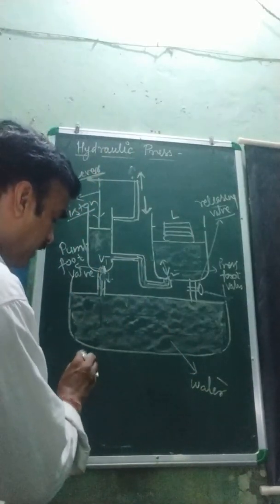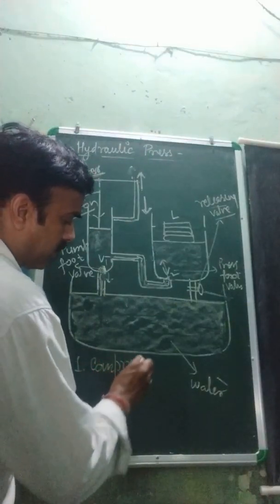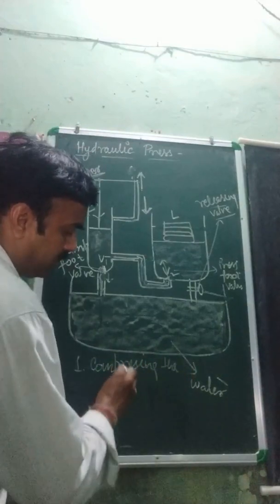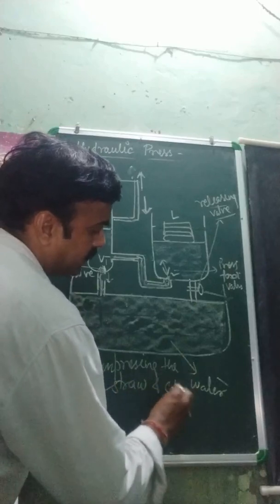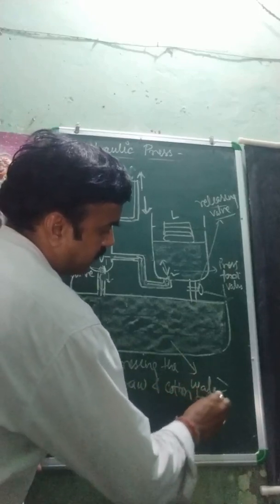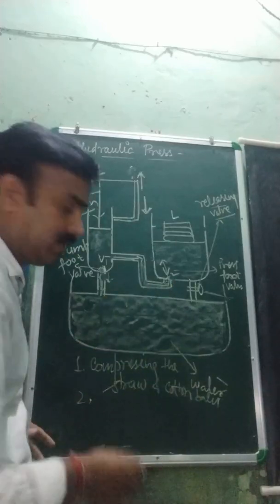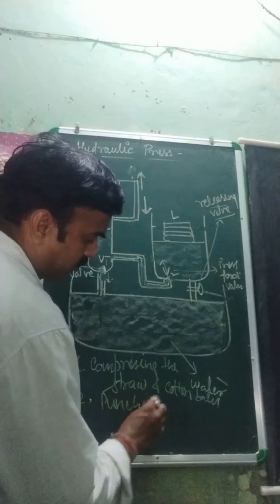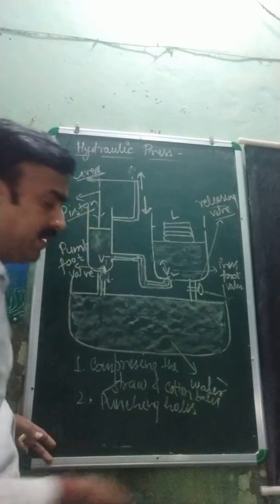It is used for, first, compressing the straw and cotton bales. Second, it is used for punching holes in metals.